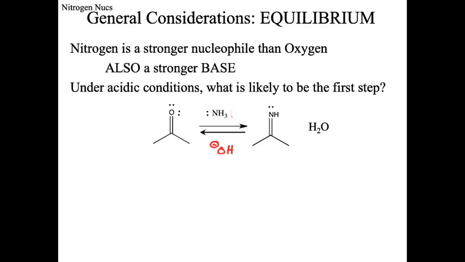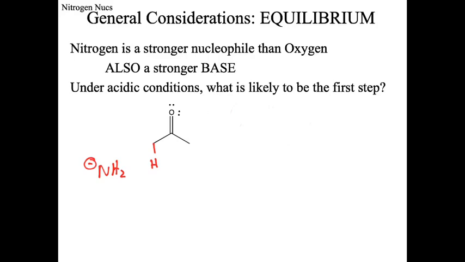The extra problem with running it under base conditions: does that look familiar? What does that remind you of? The NH3 we were using. What can you tell me about the alpha hydrogen?